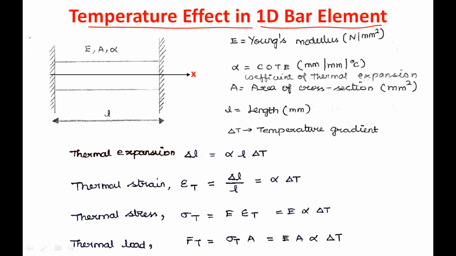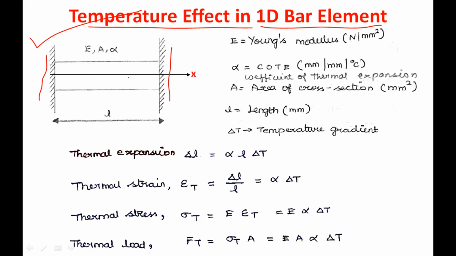Let us assume that this is a uniform cross-sectional bar which is fixed at both ends. If the temperature of this bar is increased due to the service condition, then because of the increase in temperature, the material of the bar will tend to expand, but both ends are fixed.